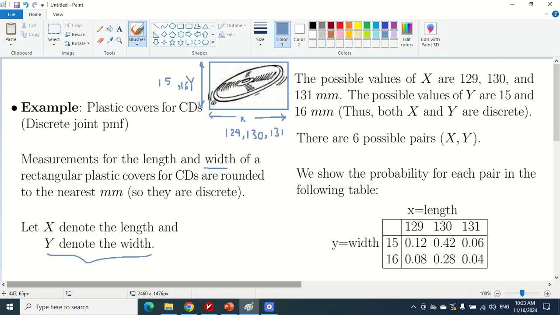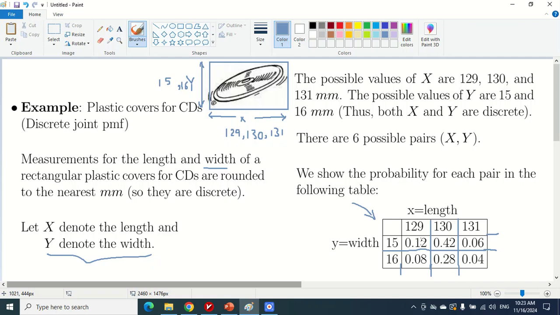So totally, if I put them in one table, as you can see over here, we can see the values as follows. The y values are 15 and 16, and the x values are 129, 130 and 131 millimeters. So over here we have indeed 6 places and 6 probabilities. For example, 0.12 determines the probability of getting the cover of a compact disc with a length of 129 and width of 15.